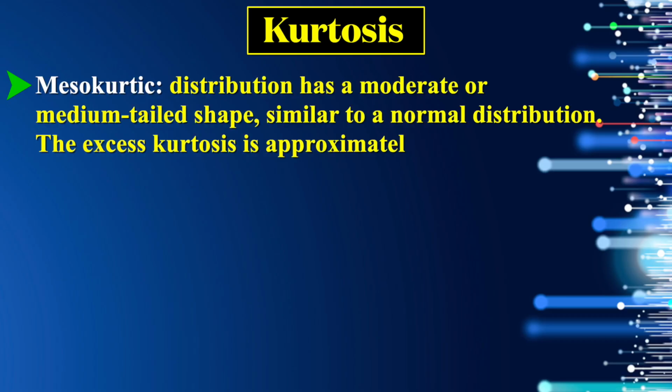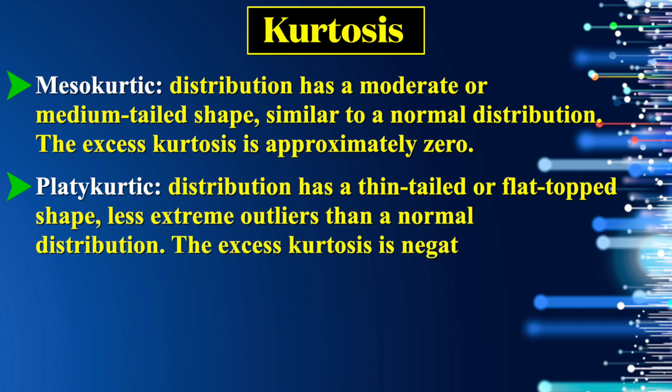Also all these positive, negative and zero kurtosis are again divided into 3 types: mesokurtic, platykurtic and leptokurtic. Mesokurtic means the distribution has a moderate or medium tailed shape similar to a normal distribution. The excess kurtosis in this case is approximately equal to 0.